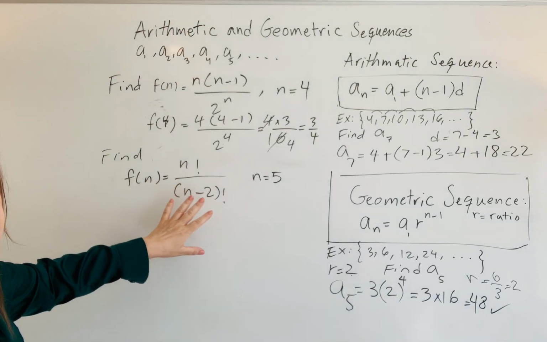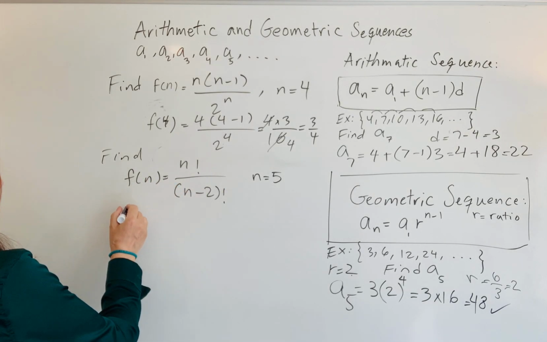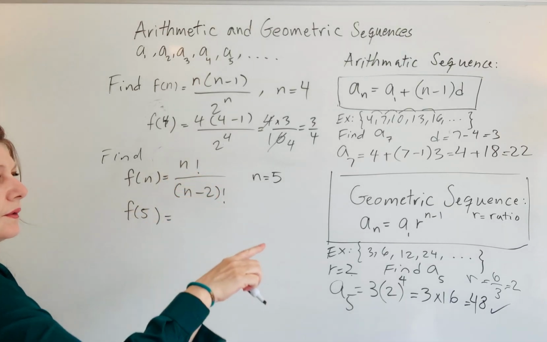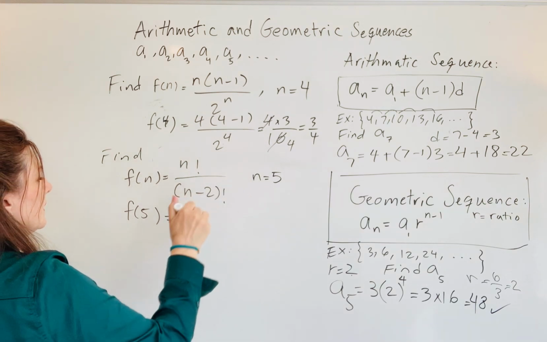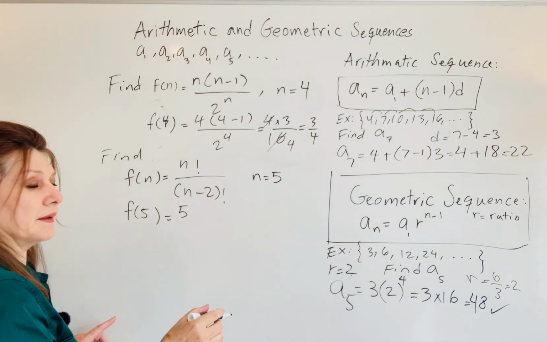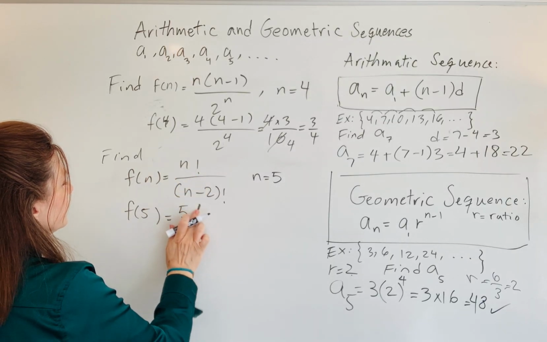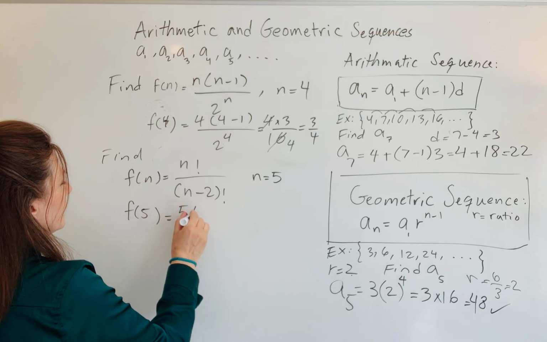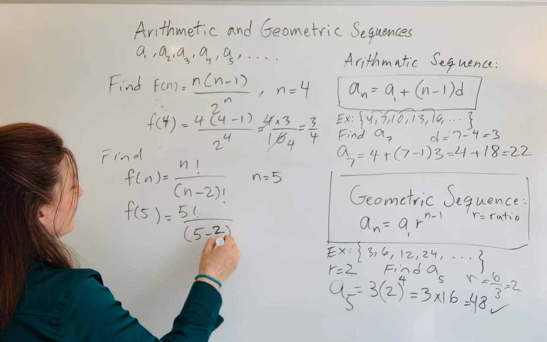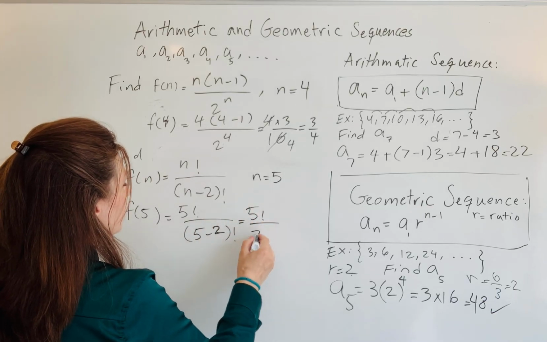Okay, f of 5, n factorial. You know n factorial means the number 5 times any number before 5. n factorial is 5 factorial over 5 minus 2 factorial, which is 5 factorial over 3 factorial.